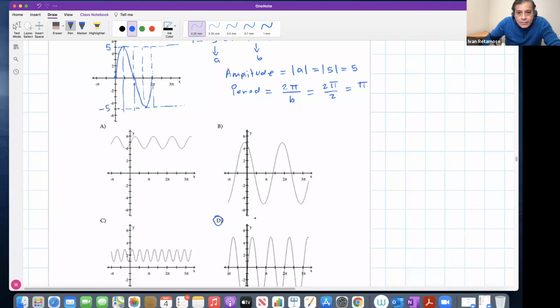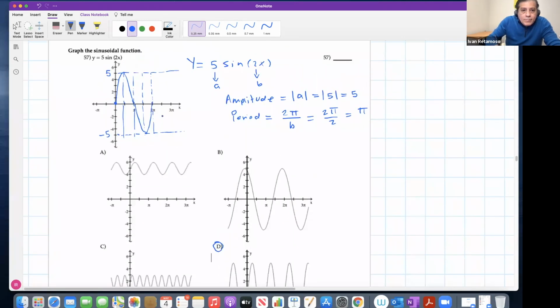I should have done this closer because now my period is pi. So let's shrink it down. It's going to be very difficult to graph it here, but I will do it anyway. The new graph has period just pi. So here it is pi. So basically you have to restrict yourself to this part.